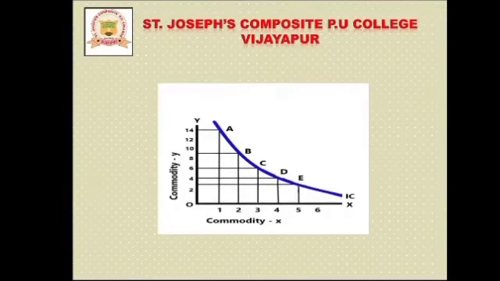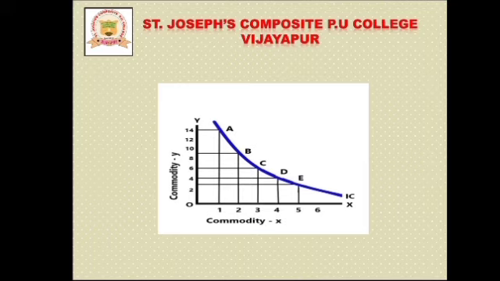Okay students, this is the indifference curve schedule as well as the diagram. Thus we can say that an indifference curve shows the different combinations of two commodities from which the consumer gets equal satisfaction.